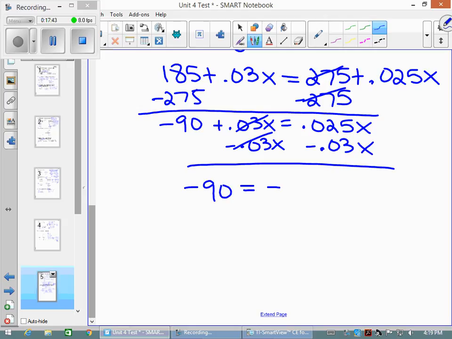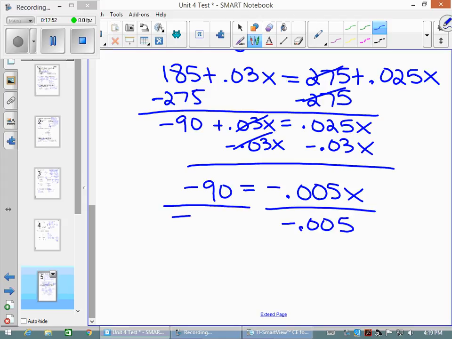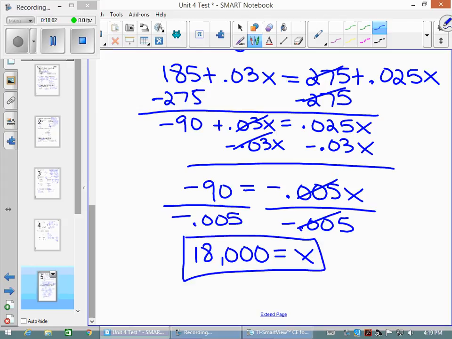Divide by that negative 0.005. And you should get 18,000 for x. So that tells us that both Guy and Jim, as long as they earn $18,000, they will be making the same weekly pay.